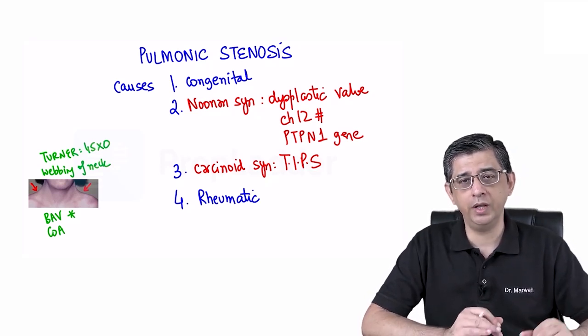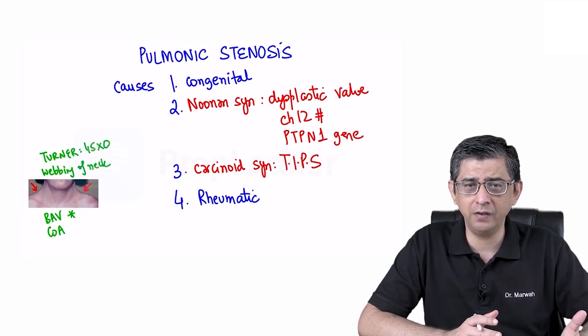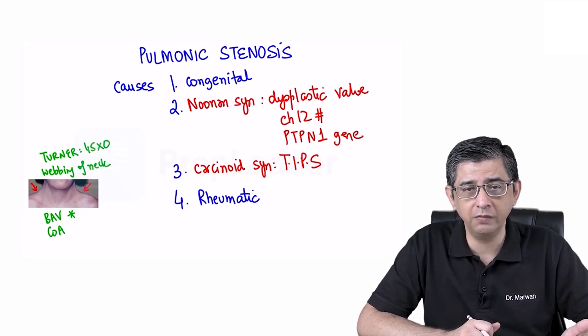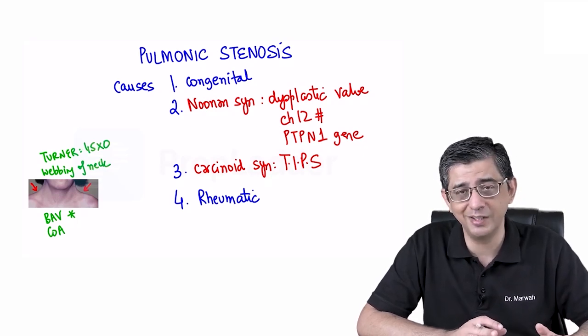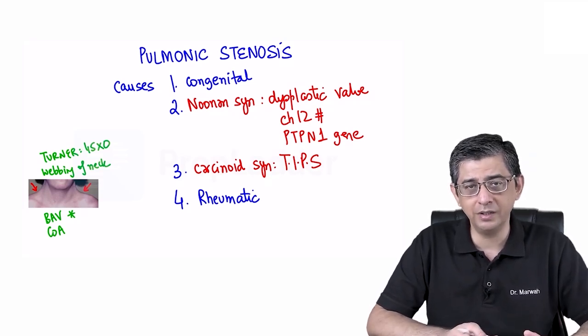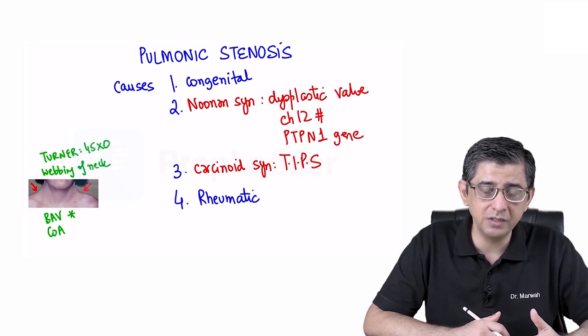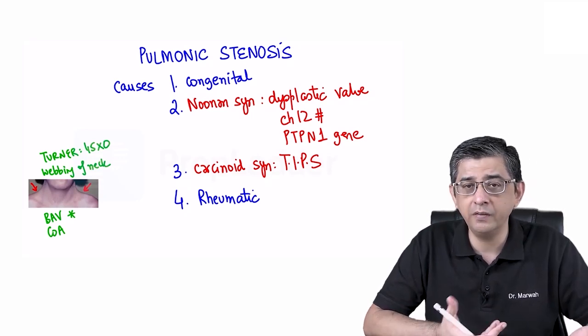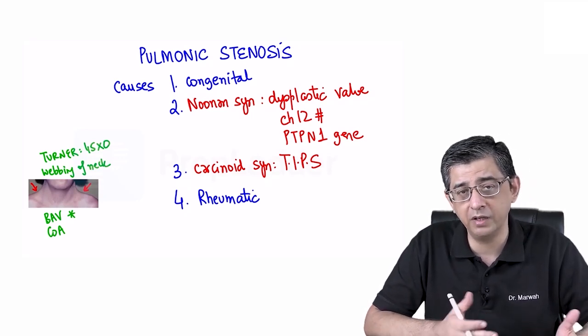So take this with the right perspective. If a question says which valve is not involved in rheumatic, or which is the rarest involved, again the answer is the pulmonic valve. So both statements are correct and they do not contradict each other. It is just that in Indian studies they may not have found pulmonic valve involvement, and in some cases abroad they might have detected it in a few cases.